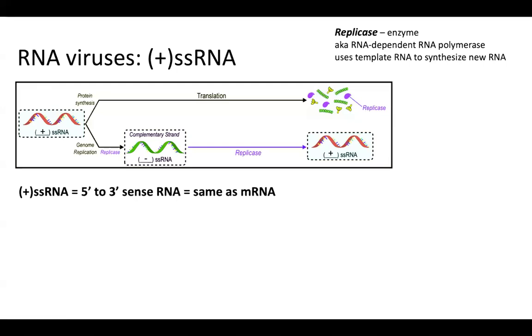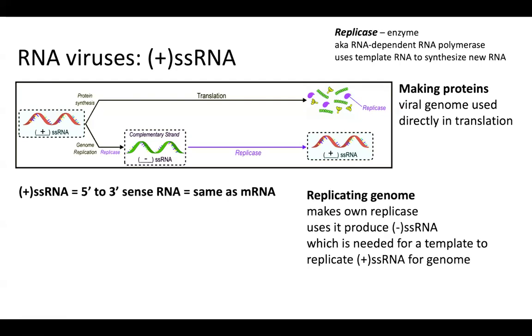With this one, replicating their genome is just slightly more complicated. The virus is going to use that replicase to make a complementary strand. So that'll be a negative sense single-strand RNA molecule.